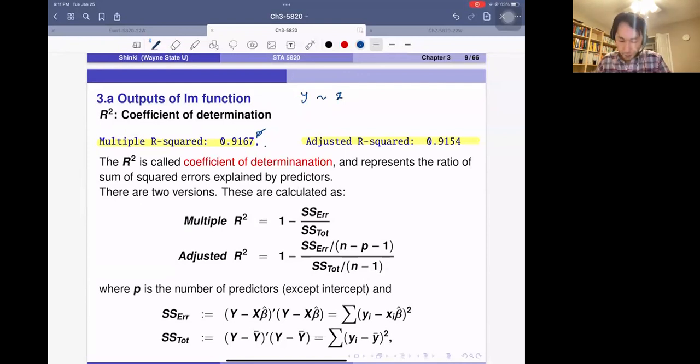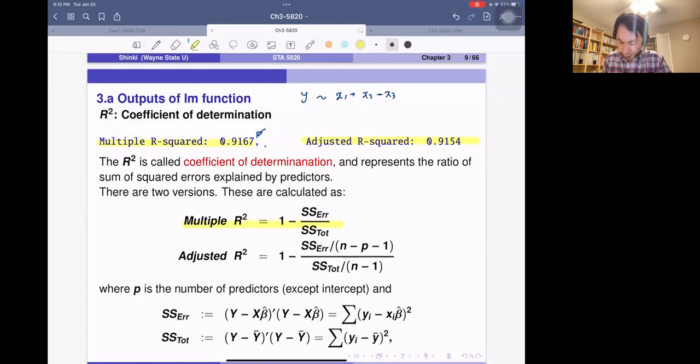This multiple means that we may have multiple variables. So if x1, x2, x3 combined explain 91.67% of variation in y, then multiple R squared is 0.9167. Multiple R squared is defined by 1 minus SS error over SS total.